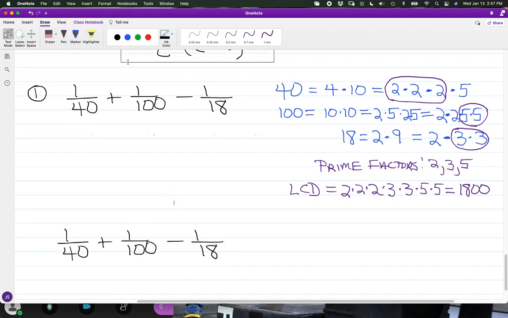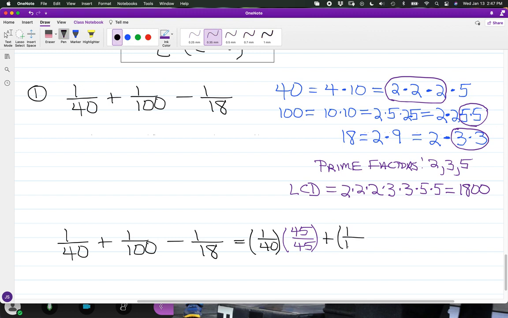And so, looking at what we have now, upon rewriting the fractions in terms of the least common denominator, for 1/40th, 40 goes into 1800 45 times. So the first ratio will be multiplied by 1 in the form of 45 over itself.